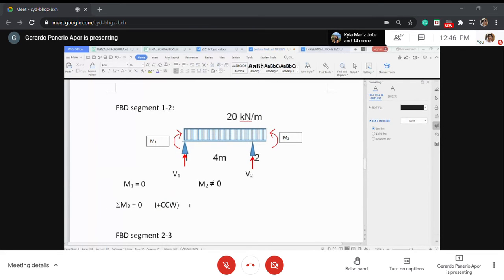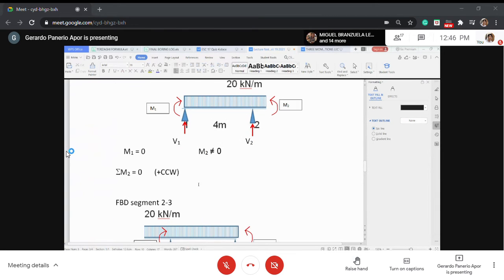Now we sum up moment about 1. So M2 is negative, meaning that it is clockwise. So we start at negative 40. Then we have minus V1 multiplied by 4. Then we have positive 20 times 4 times 2 is equal to 0.